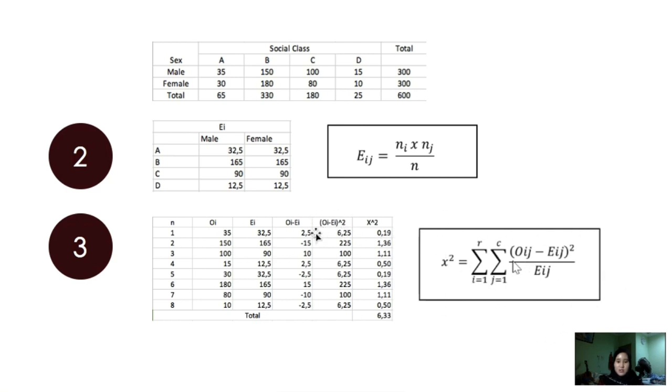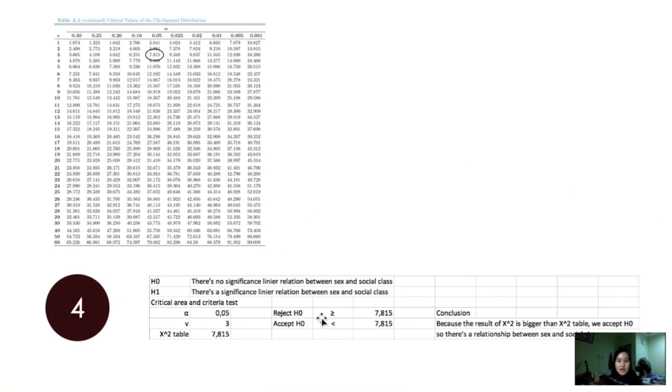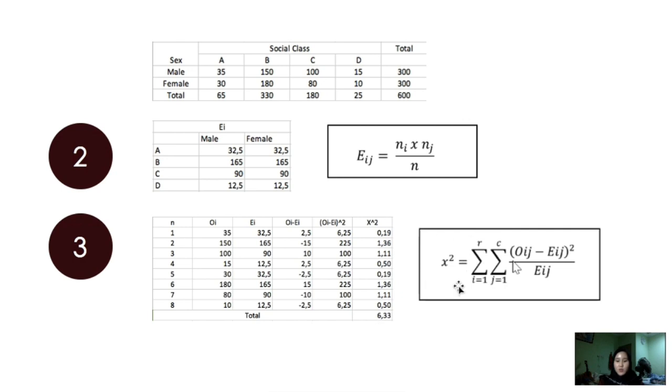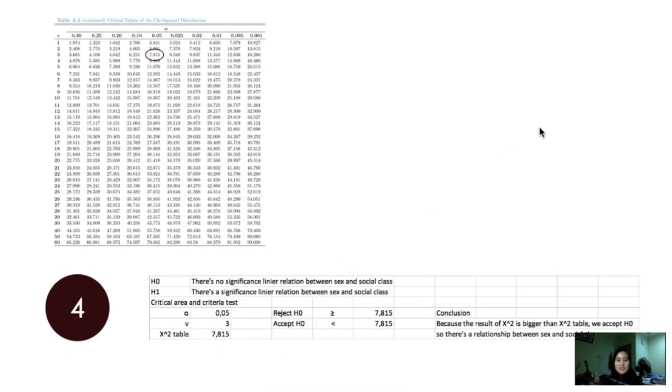So this divided by this. So we got the result of the total of x squared is 6.33. After that, x squared is the chi-square test.